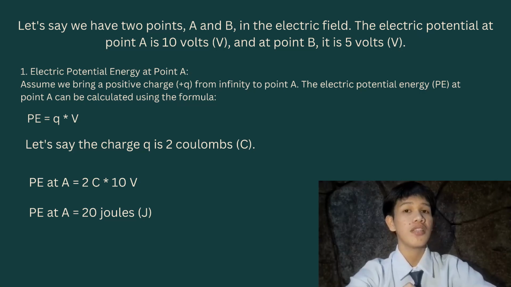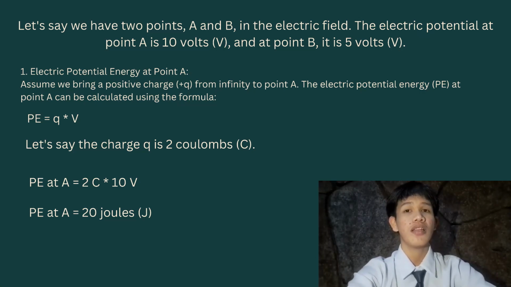So substituting the values into the formula, we get PE at A, or potential energy at A, is equal to 2 coulombs times 10 volts. And now we get the total of 20 joules. So the electric potential energy at point A is 20 joules.